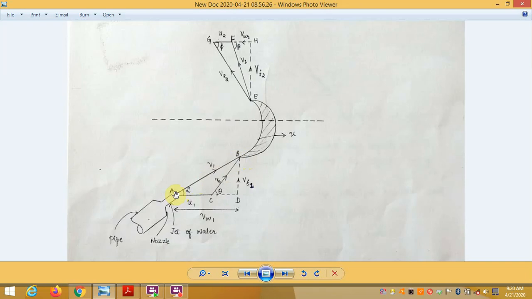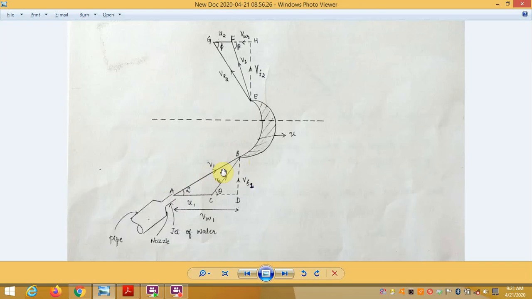So A is the initial point and B the final point where it touches the inlet of the jet. Then draw a line AB equal to the absolute velocity V1, both in magnitude and direction, to a scale. With the help of a scale, you have to draw both in direction and magnitude.